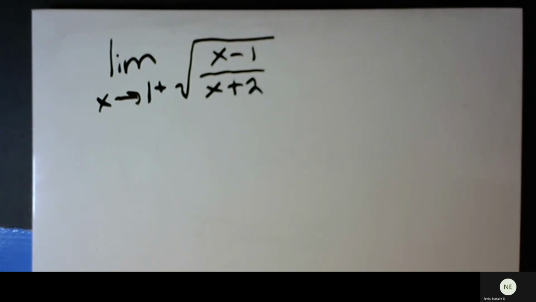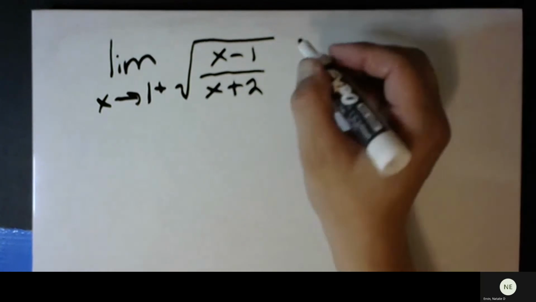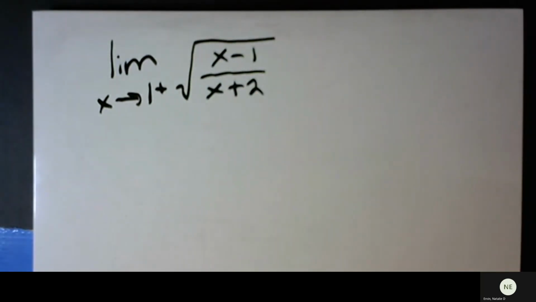There is an issue with this one. I said it didn't matter if you approach from right or left, and that's how it looks computationally. But actually, there is a problem.